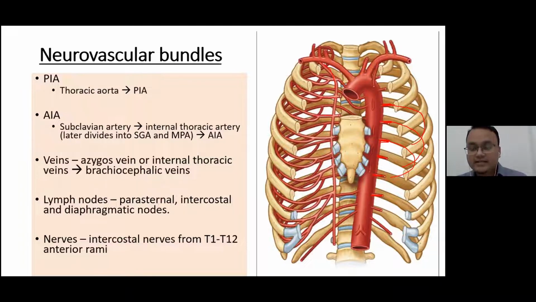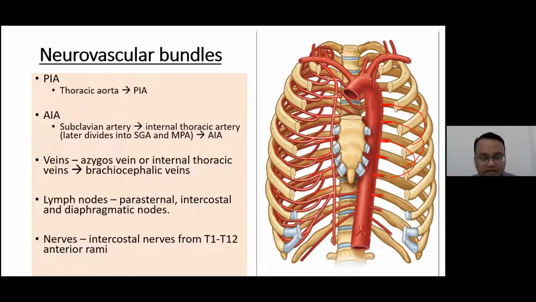Those are the anterior intercostal arteries. Then the posterior and anterior will anastomose and supply the thoracic wall itself, right?